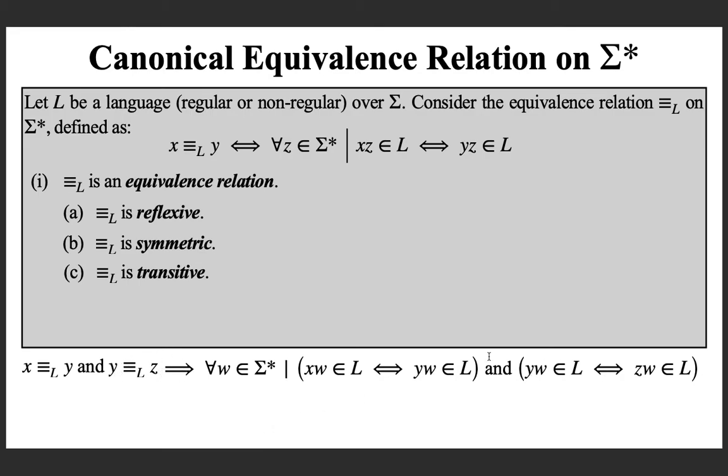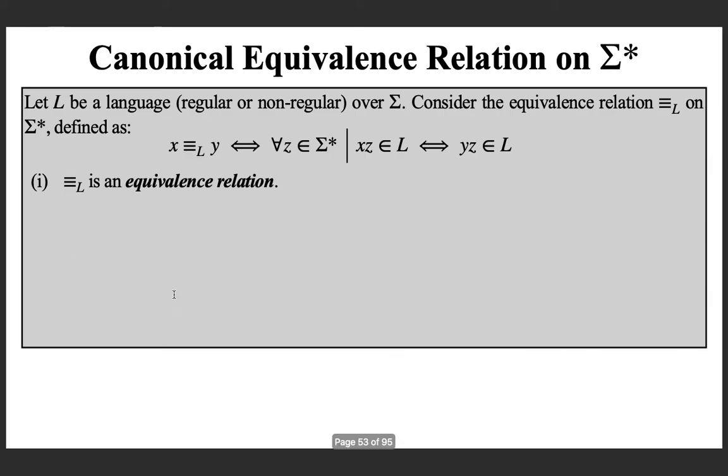That means for all w, yw is in the language if and only if zw is in the language. So these two tell us that for all w, xw is in the language if and only if zw is in the language. So from the definition, x and z are related. So we proved that whenever x is related to y and y is related to z, x is related to z, and hence the relation is transitive. So we established that the canonical relation is an equivalence relation.